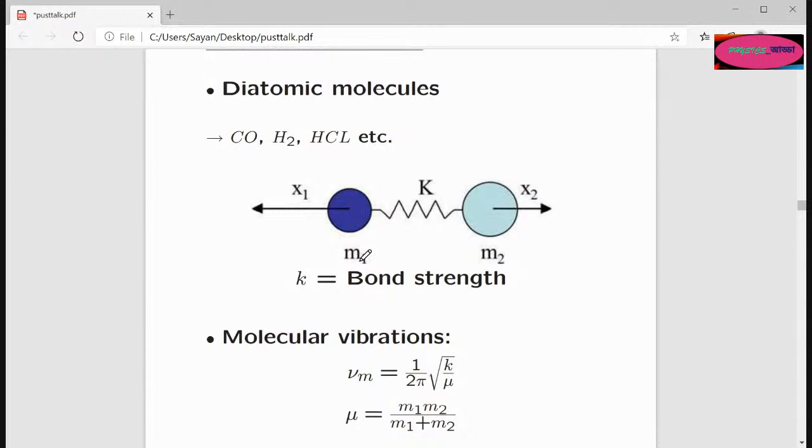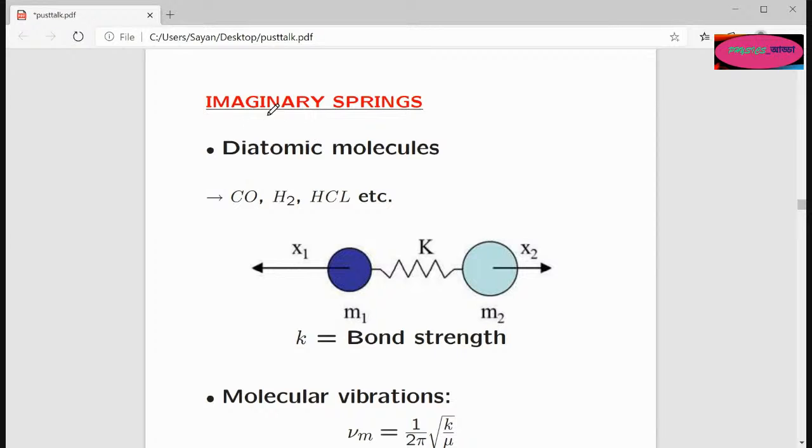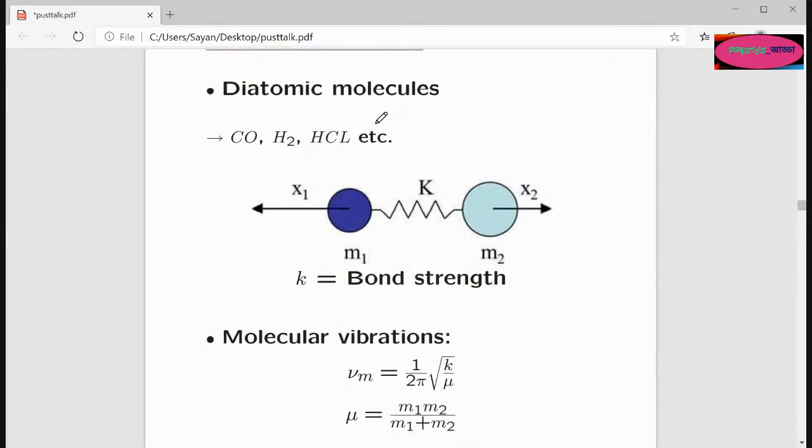You have these two, M1 and M2, and you have a spring, which is not really a spring in the real sense of the word, that you don't have a spring stuck there. But what you have is an effective bond strength, which can be modeled as if there were some kind of spring sitting there. And that's why I call them imaginary springs.